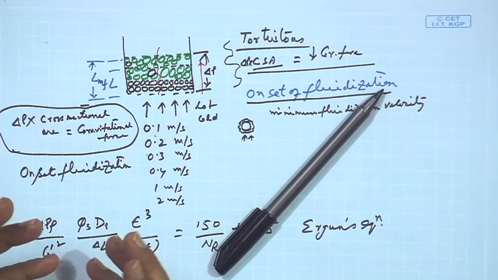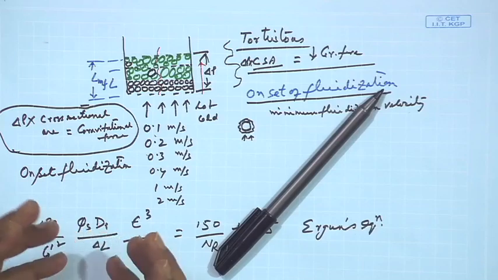In the beginning nothing is happening, after some time some particles may start feeling that some thrust is coming, and then we will attain the velocity when delta p times sectional area must equal the gravitational force.